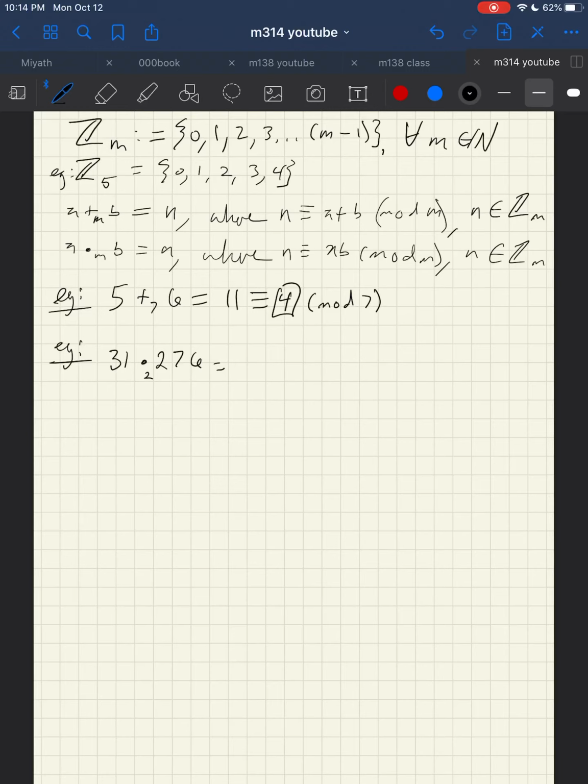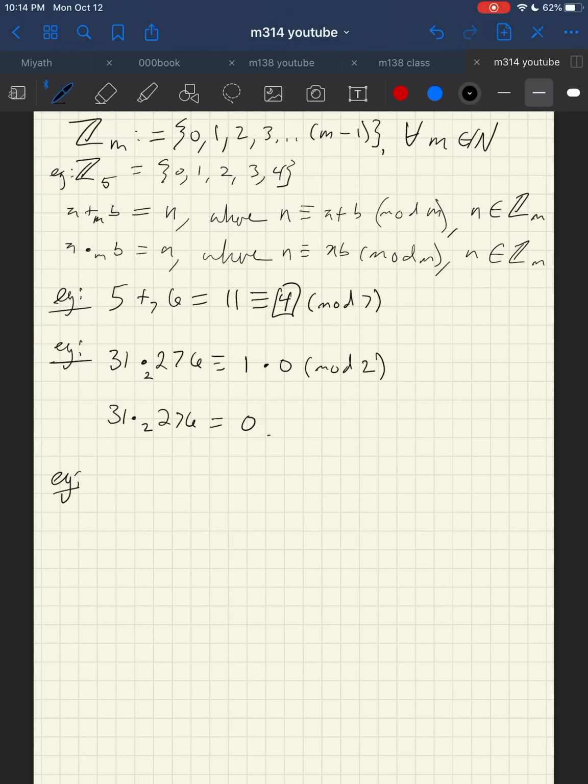It would take a while, but what I'm going to do instead is say, well, 31 is congruent to 1 mod 2, and 276 is congruent to 0 mod 2. So this thing is equal to 0, because I'm working mod 2. So that's what this little number down at the bottom does.